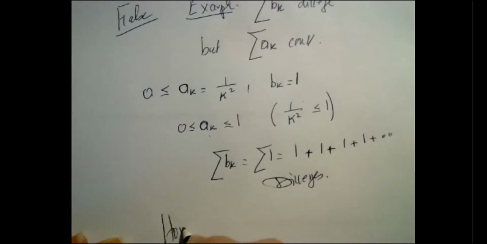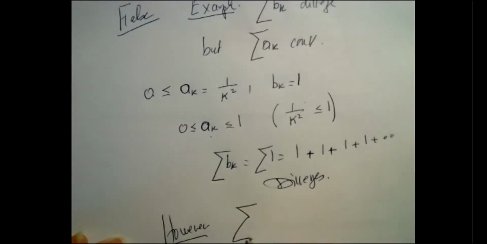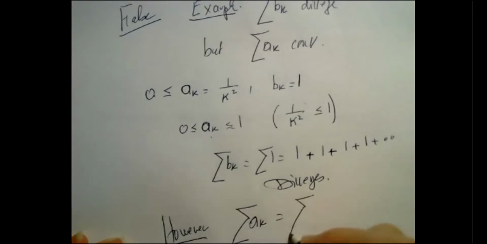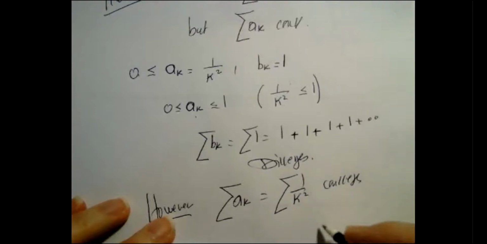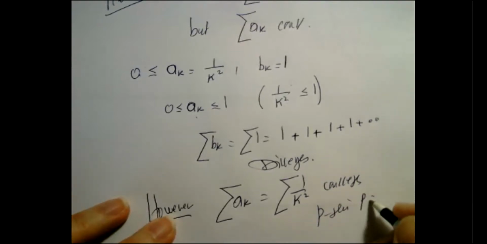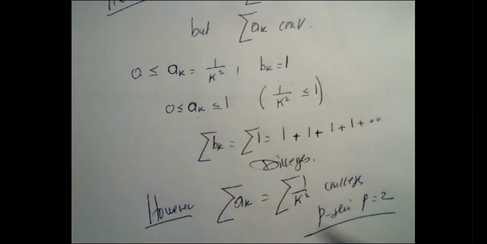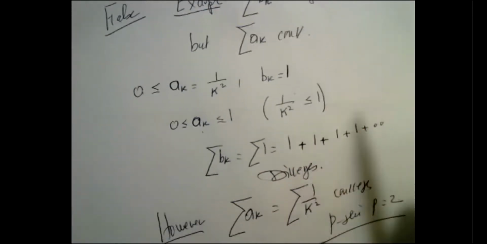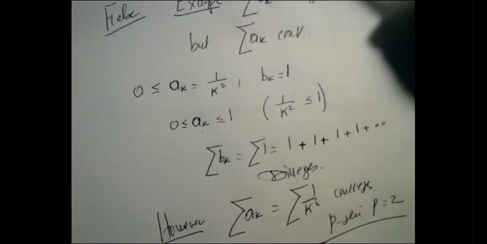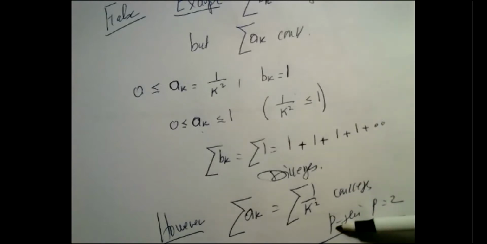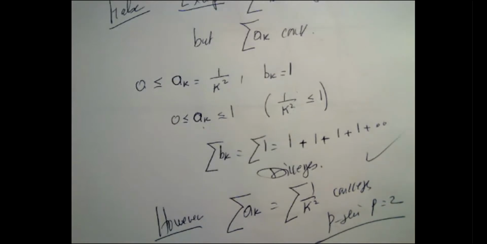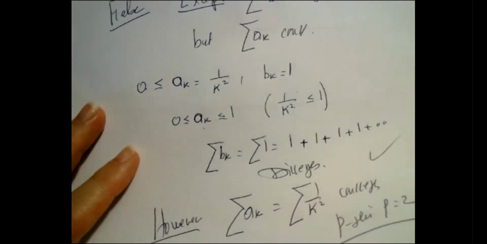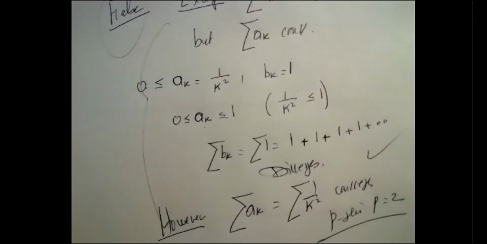However, the smaller one converges because it's a P series with P equal to 2. That's the type of example you have to give me. To show me it's false, you give an example where the hypothesis is satisfied, meaning sigma BK diverges, and the conclusion is false. That's how the statement could be false. Any questions? A lot of you wrote false, but gave me an example that really does not work.